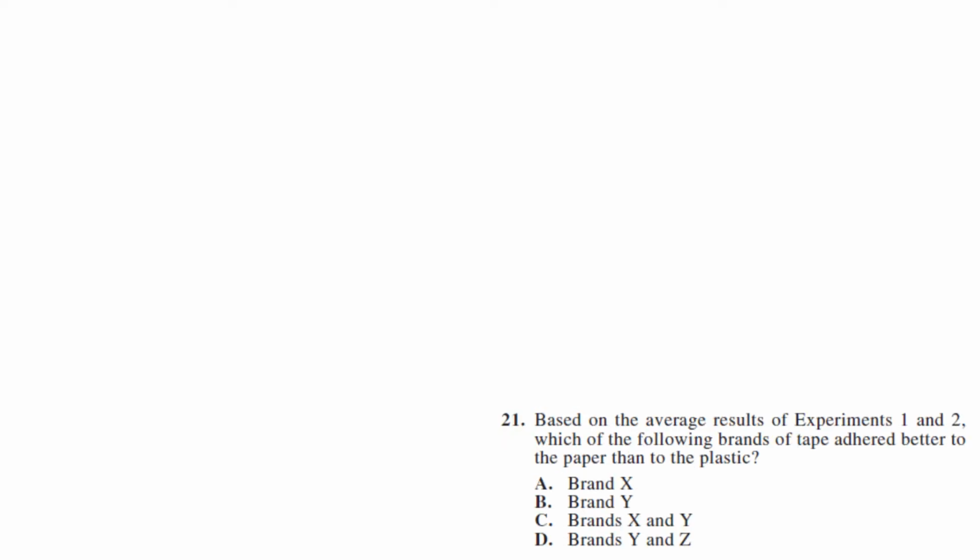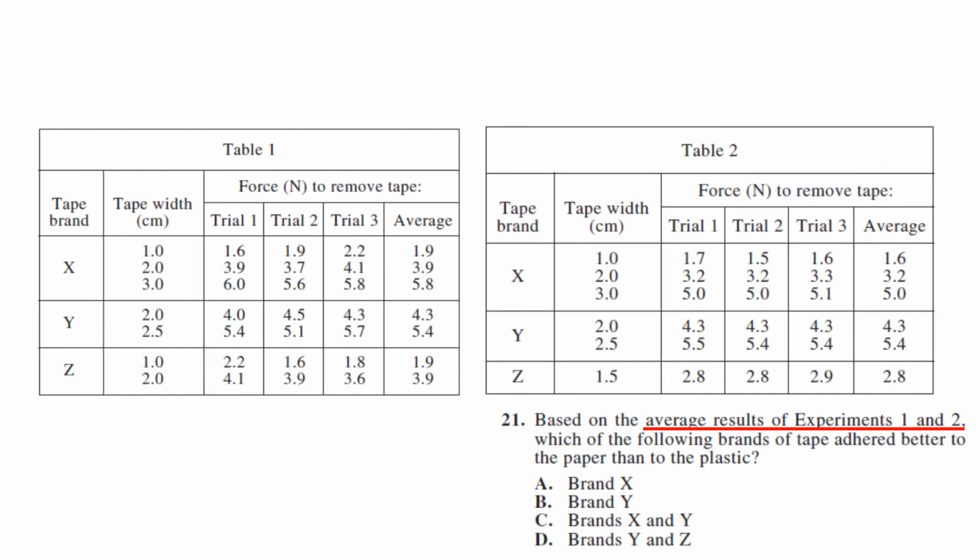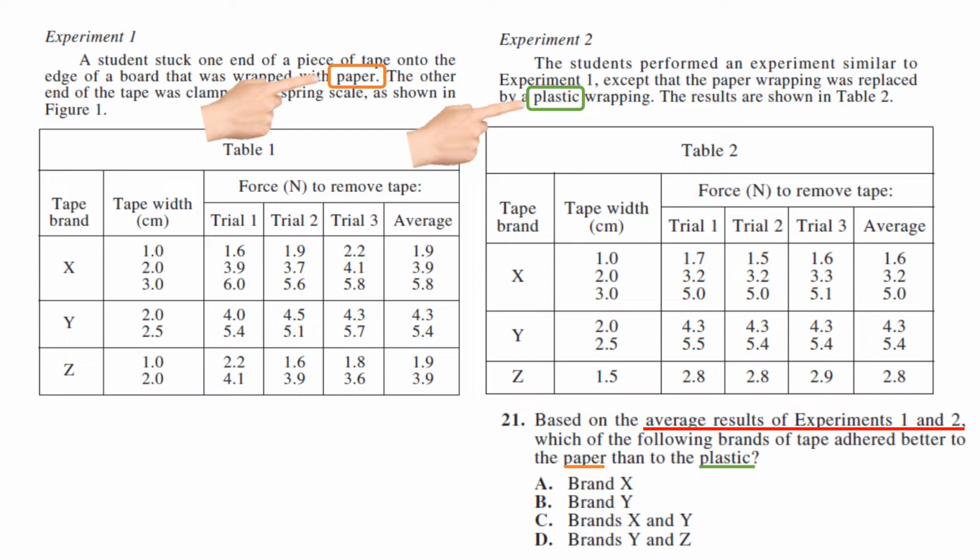Number 21, based on the average results of experiments 1 and 2, which brand adhered better to paper than plastic? Well, which table is paper and which is plastic? We have to go to the reading. We see experiment 1 is paper and experiment 2 is plastic. We're going to now look at the average column to see which one adheres better.